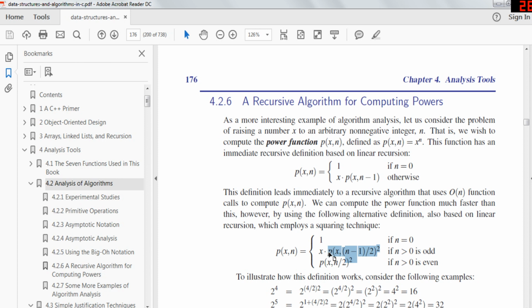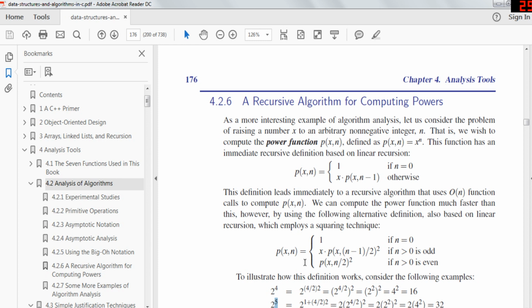That's what they're saying here. Alright, so 2 to the 5th, x is 2, right? They're saying 2 to the 5th power, x is 2, 5 is n, right? 2 to the 5th power means x is 2, n is 5.